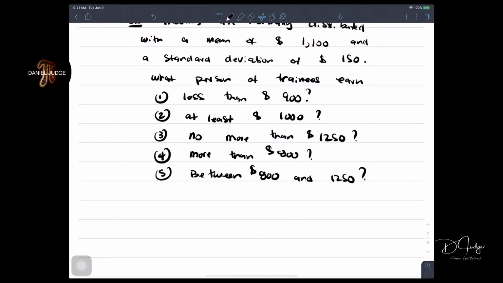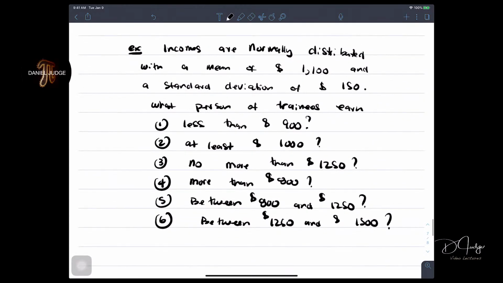This is money, right? And question number 6, how about between 1,250 and 1,500. Yes, ladies and gentlemen. So what I'm going to do here, these are some questions here.